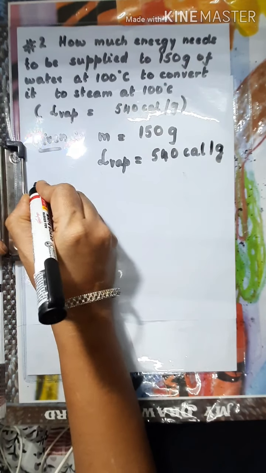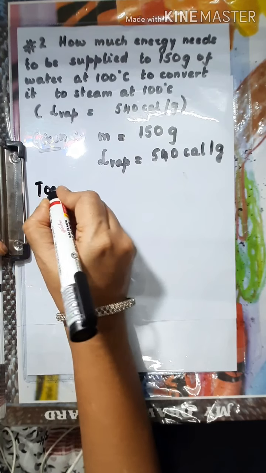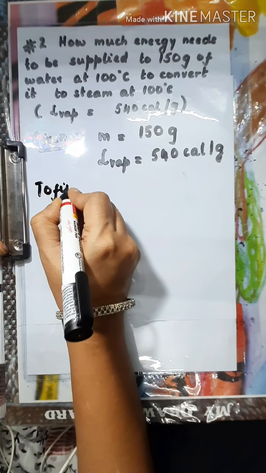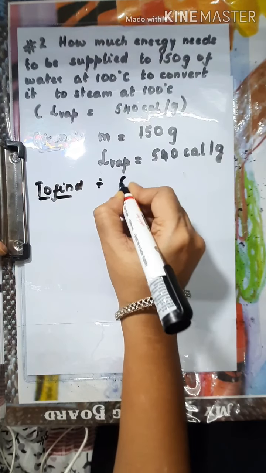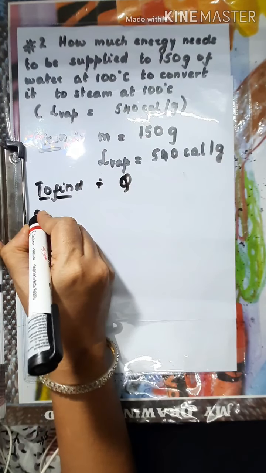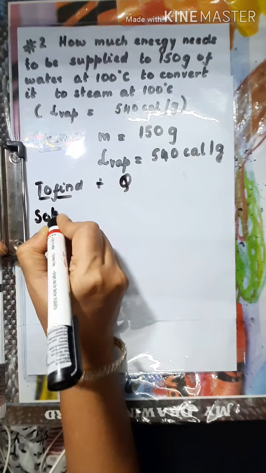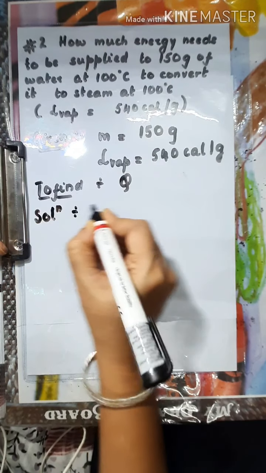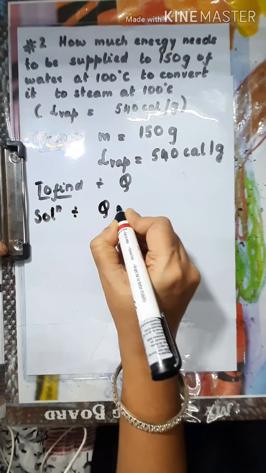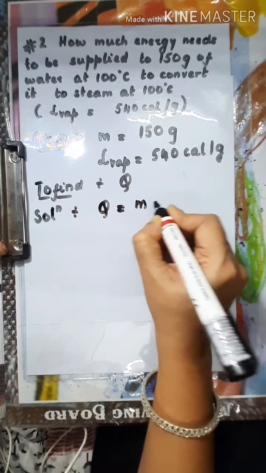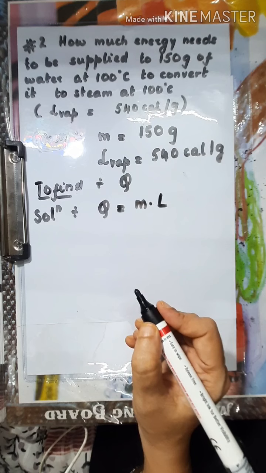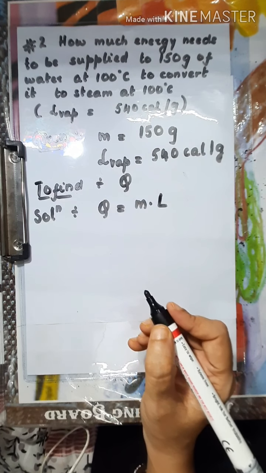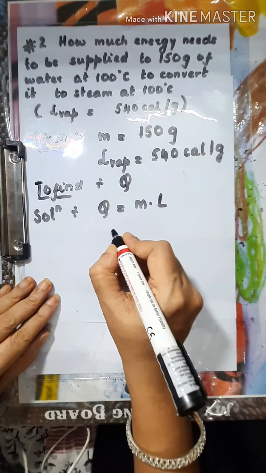So what do I have to find out? How much energy has to be supplied? So once again, I have to find out Q. Now tell me which formula will I use? I will use the formula Q is equal to M into L, right? Now, what is M?